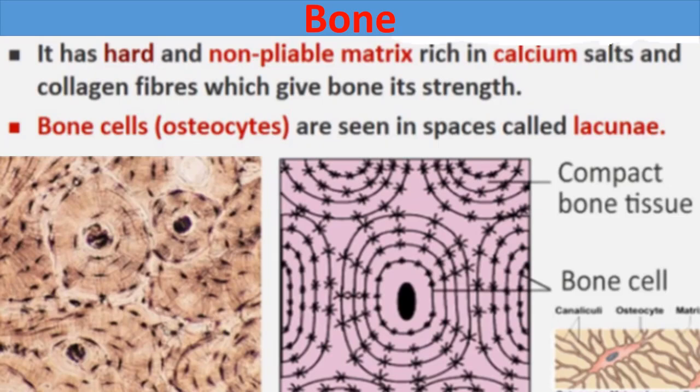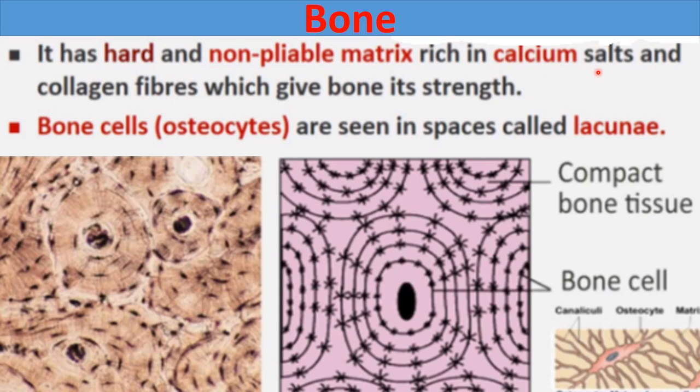The next type of specialized connective tissue is bone. Bone has a hard and non-pliable matrix. In cartilage the matrix was pliable, meaning flexible, but the matrix of bone is non-pliable, not flexible, and it is rich in calcium salts.